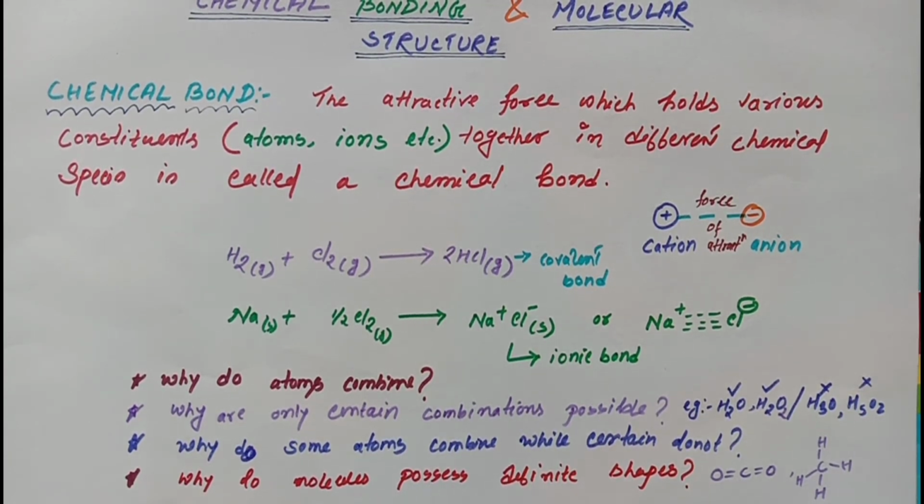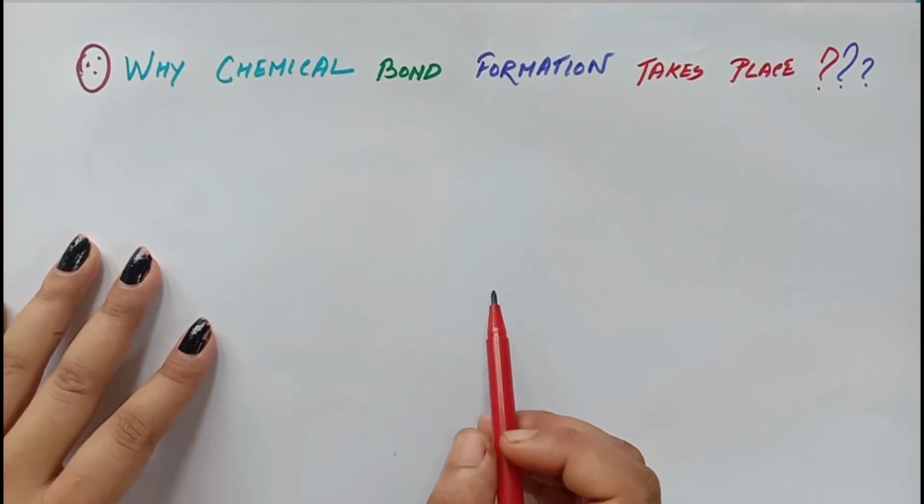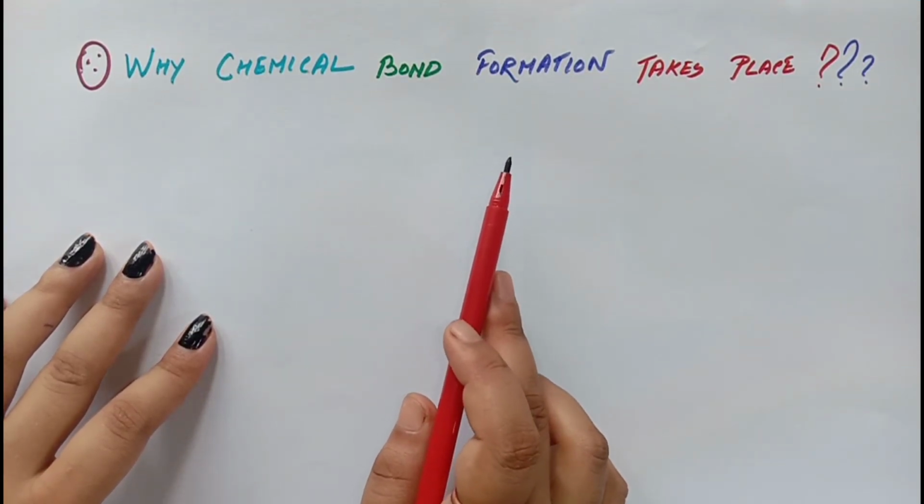But why do they have definite shapes, and who decided that they will have definite shapes? We will try to find the reasons behind these questions in this chapter.